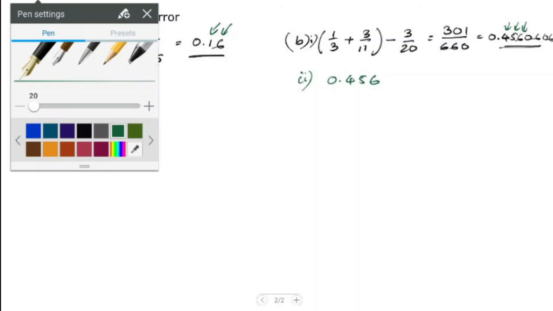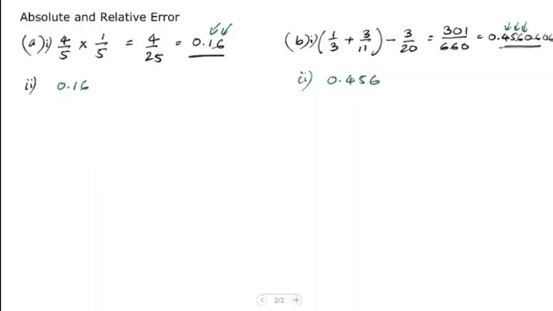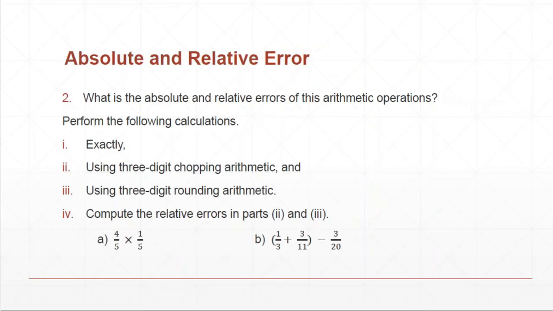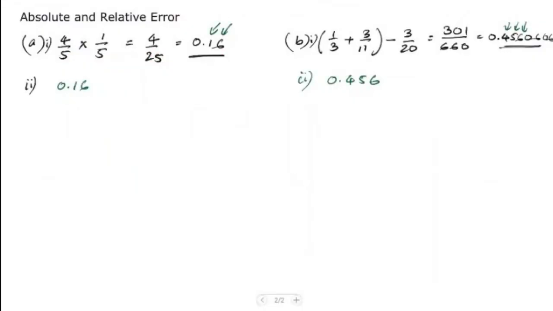Now we could also work it out here, the fourth step, which told us to compute the relative errors in part 2 and 3. So at part 2 we have to calculate the relative errors for each of them. So let's do that at the same time here. Let's calculate the relative error for the first one.